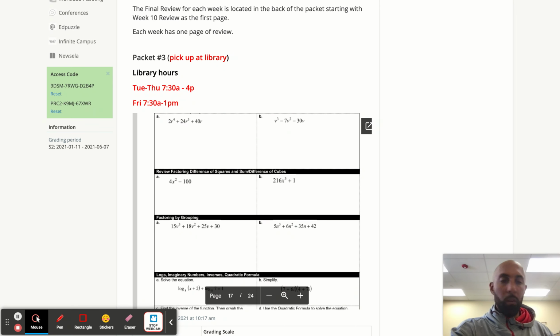So the one I want you to work on is 3r to the fourth plus 21r plus 30. Okay, and I apologize, I want r cubed there and r squared there.